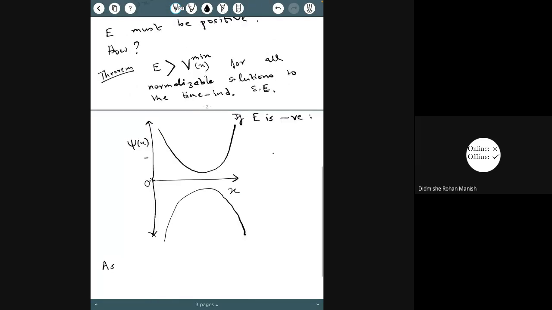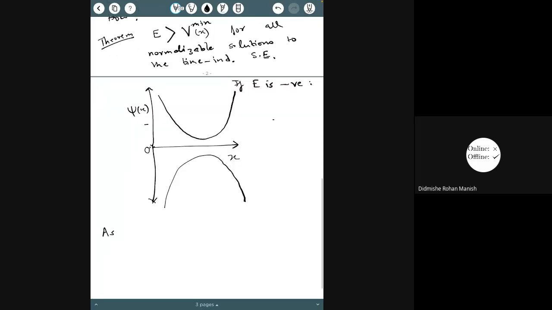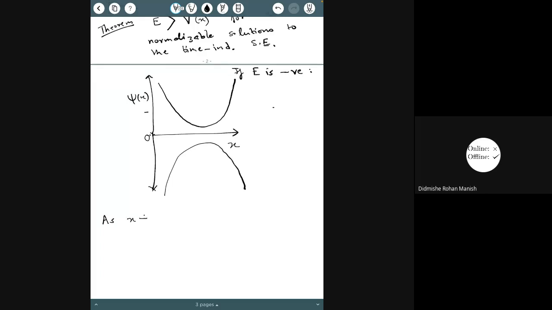If the second derivative is positive, then psi can look either like this or like this. In both cases, if x tends to 0, then psi x tends to infinity, and if x tends to infinity, psi x also tends to infinity. Now, such a situation can never give me a normalized wave function.